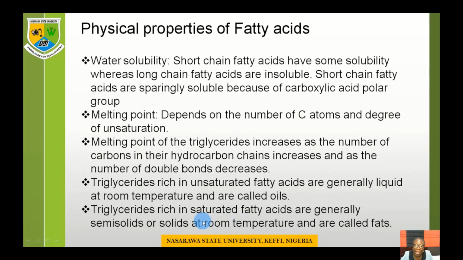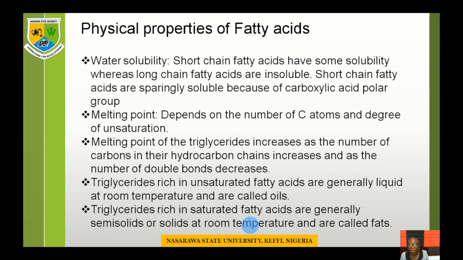But when the fatty acids present are saturated fatty acids, they are generally semi-solid or solid at room temperature. That's why, especially this cold season now, you'll find out that some oil in your kitchen might look solid or semi-solid, right, at room temperature, whereas some vegetable oils are liquid at room temperature.